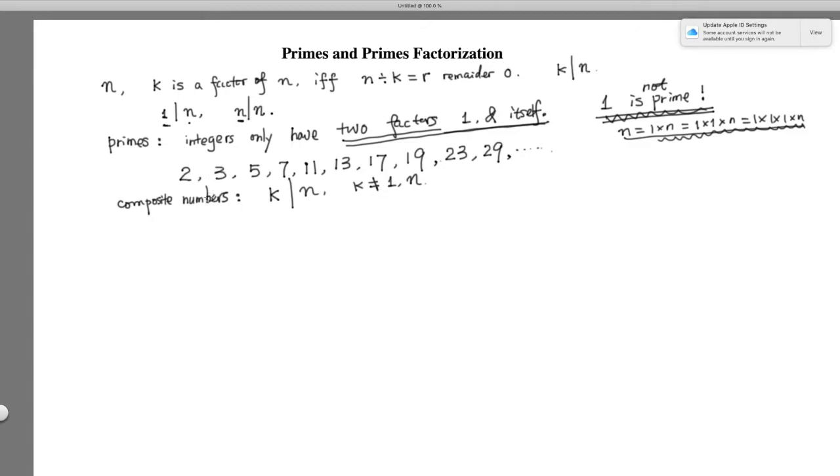Of course, we need to be a little bit careful about 1 or 0. In all these discussions, 0 is not even in consideration because we're talking about products of numbers, or a number being factored into different numbers. 0 does not have a lot of meaning here. So composite numbers are numbers that are not primes. Let's say, among positive integers greater than or equal to 2, if it's not a prime, then it is composite.